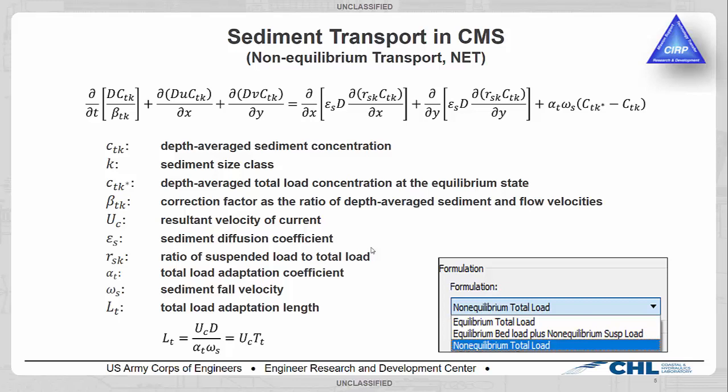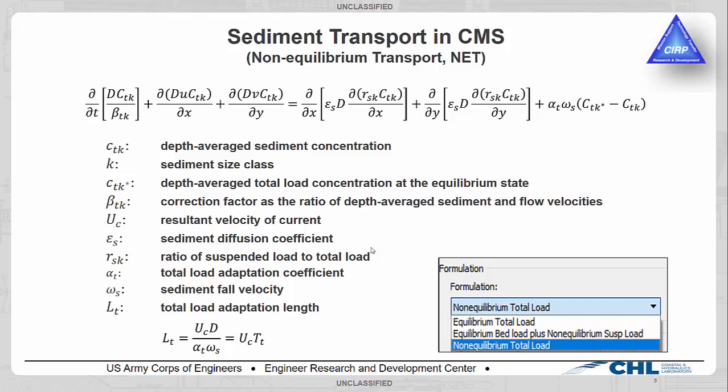In the lower right corner, you can see in the CMS SMS interface, we have different options for the sediment transport model. As you understand, we present this merged code. In the merged code, we have two solvers, one explicit solver and one implicit solver. We will mostly concentrate on the implicit solver.